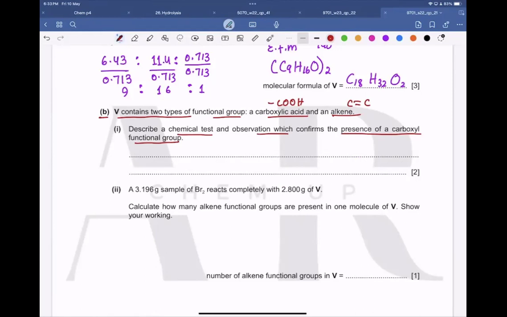It's for aldehyde or ketone. Yes, very good, Hassan. Yes, very good, Umar. Mix V with sodium carbonate, or you can write any other carbonate because acids react with the carbonates only. And the observation which confirms that it's an acid is effervescence.